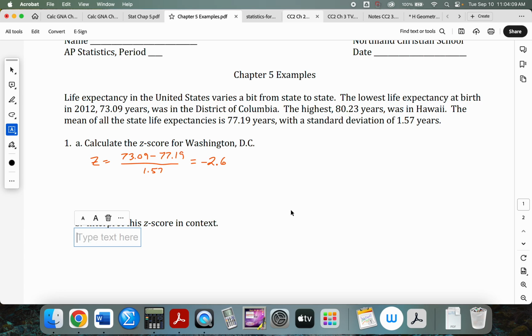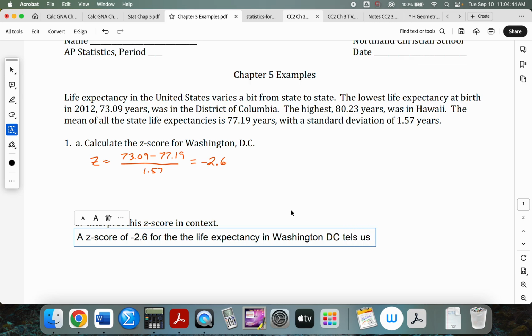So, a z-score of negative 2.6 for the life expectancy in Washington, D.C. tells us that, so what does that z-score tell you?